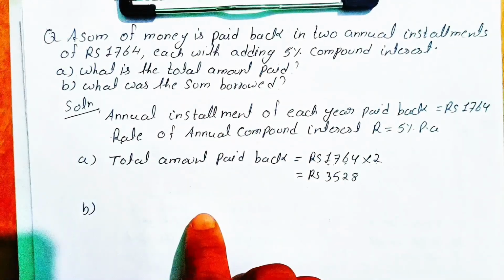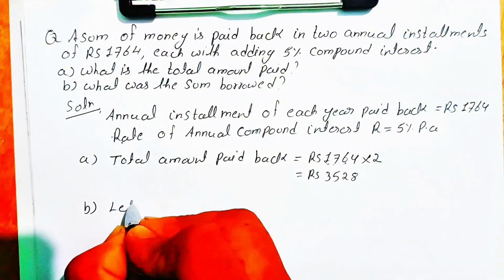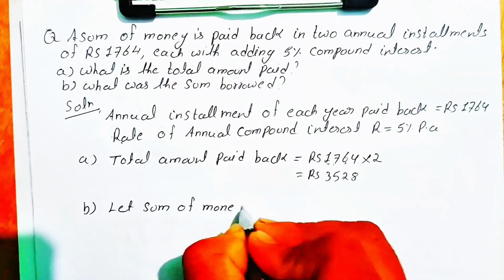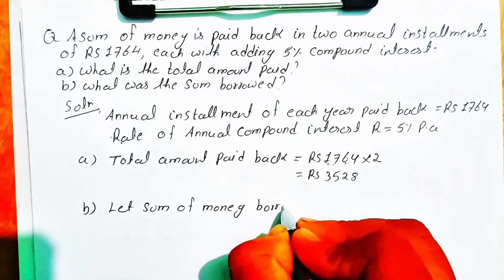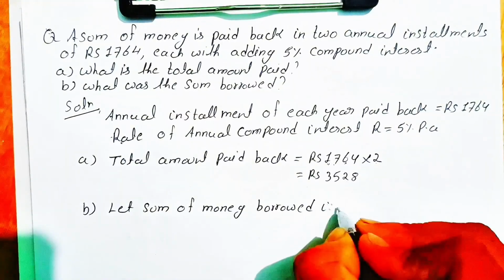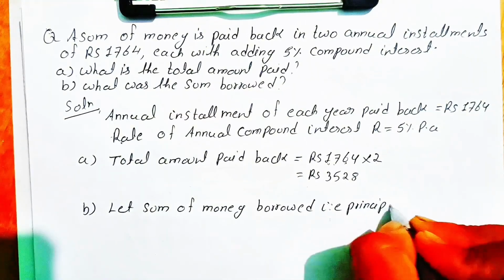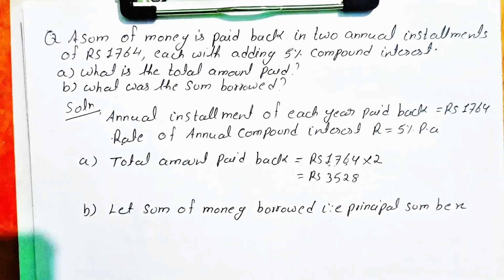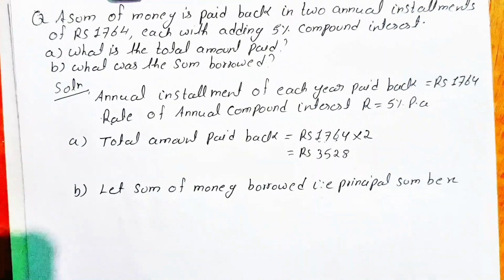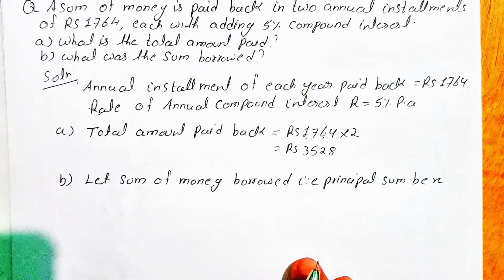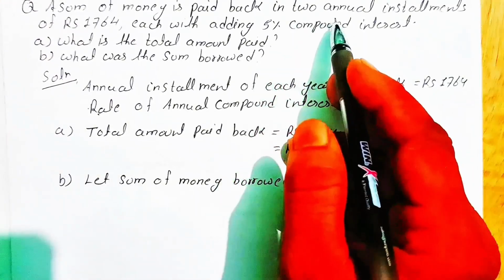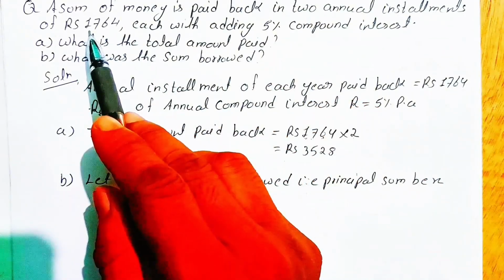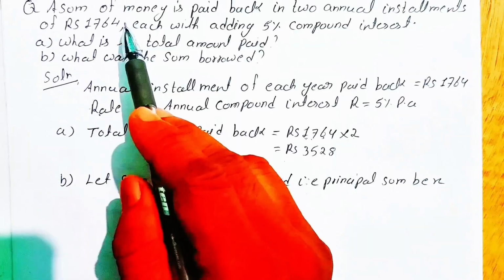And in section B, it is asking what was the sum borrowed. It means we have to find the principal sum of money. So let the sum of money borrowed, that is the principal sum, be X. Here we have to find the compound interest for the 2 years separately, because in the first year the first installment of 1764 is paid back.